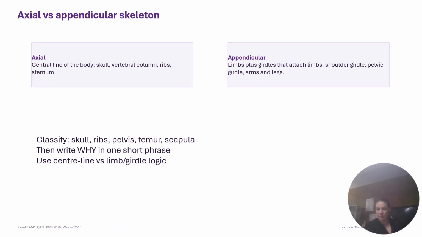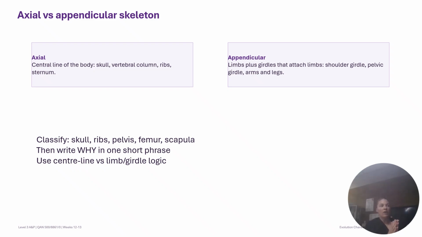It's a lower limb in your leg. Your scapula, it's appendicular. Your scapula is along here at the back. That's your clavicle. Your scapula is along here in the back. It's a girdle attachment, and it's an upper limb. Your sternum is axial, okay? It's your central chest bone.